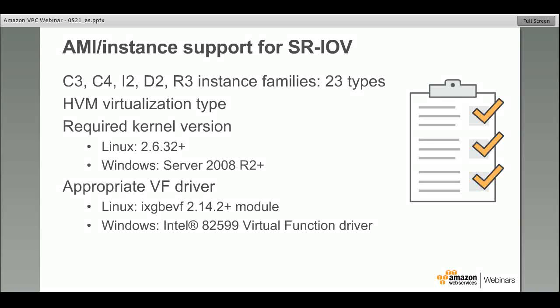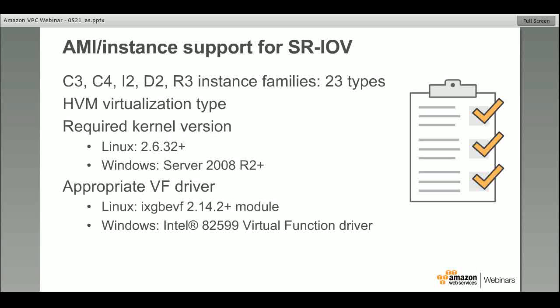So we support enhanced networking across 23 different instance types, including in our C3, C4, I2, D2, and R3 instance families. As you can tell, this is a large and growing list of instance families that support enhanced networking. You do need to use the HVM virtualization type.